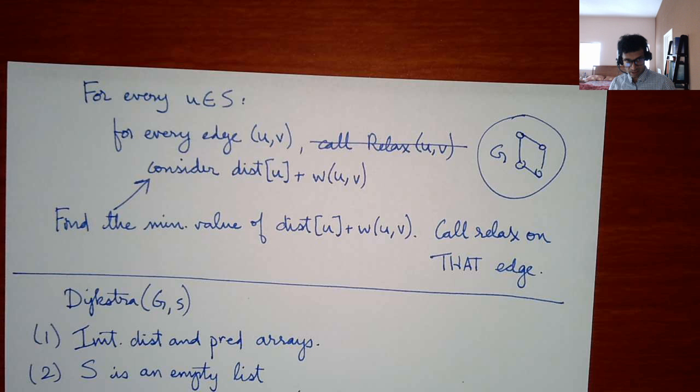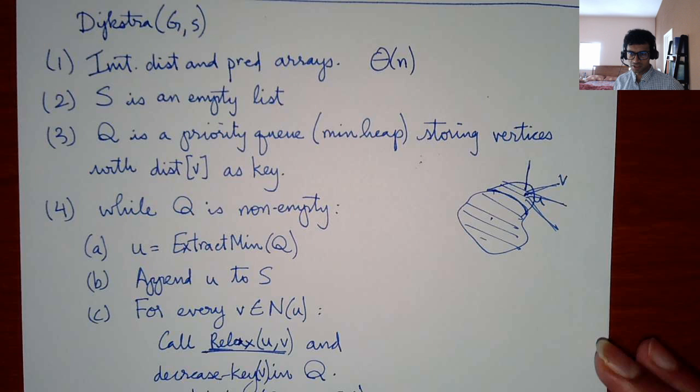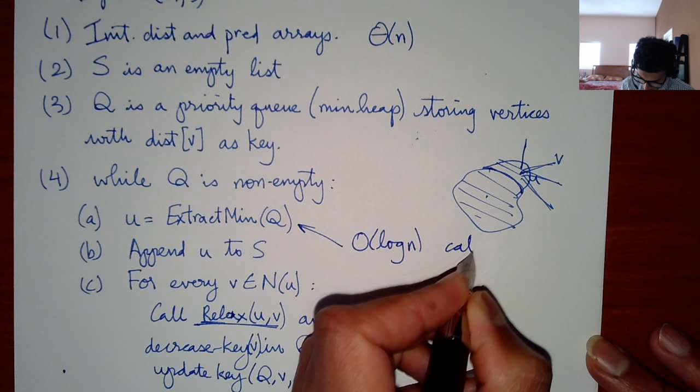Okay, let me discuss the running time. So the initialization happens in theta of n. All of the first 3 steps are theta of n. Now let's look at the extract min. This is a min heap, so every time you call it, it is O of log n, and this is called n times.